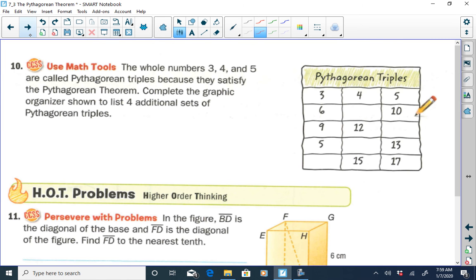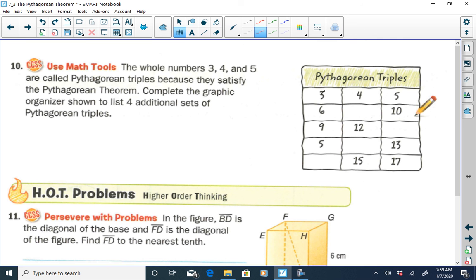All right? Now, this next page I thought was pretty important, and I wanted to share this with you guys. Some common Pythagorean triples. The whole numbers 3, 4, and 5 are called Pythagorean triples because they satisfy the Pythagorean theorem. The 3, 4, 5 triangle is the most common Pythagorean triple, right?